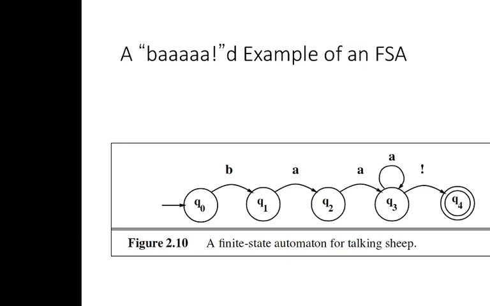No, so you're stuck here. It's not a final state. You have no way of getting to this transition with an exclamation point without going over here. It's very bad. So that string is not in the language defined by this beautiful finite state automaton.